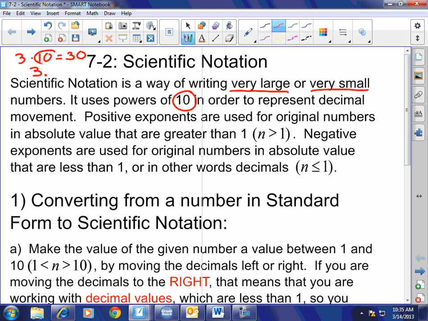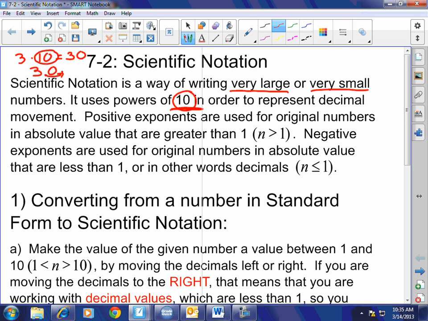So I'm multiplying it by 10, so that means I move one place to the right. That's why it's 30, okay? So every time you multiply by 10s, you move the decimal to the right. Anytime you divide by 10s, you move the decimal to the left. So that's why they have this power of 10 in every scientific notation.